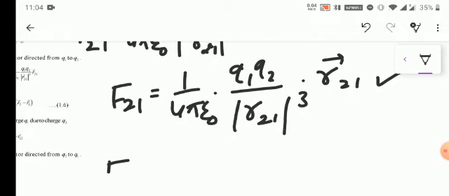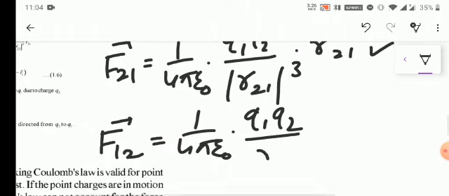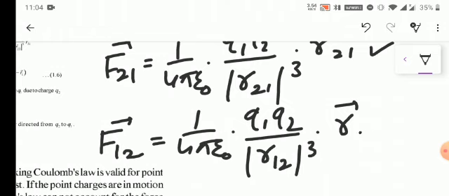Similarly, you can find f12. Vector f12 is equal to 1 upon 4 pi epsilon naught, q1 q2 upon magnitude of r12 cube, into vector r12. This is the formula for f12.